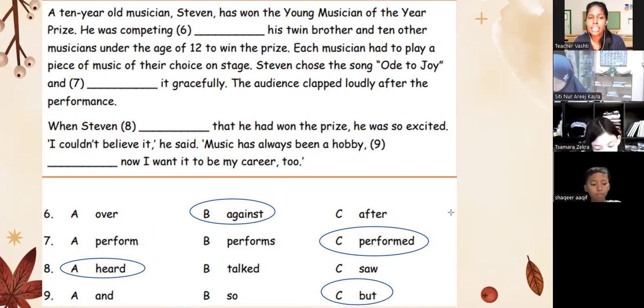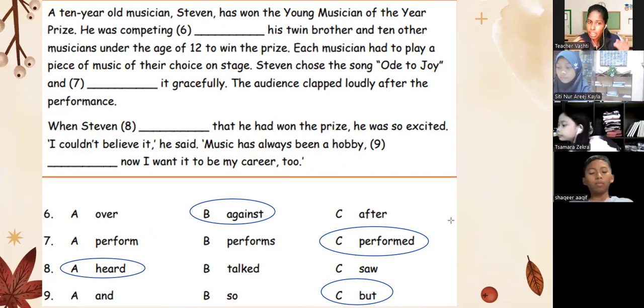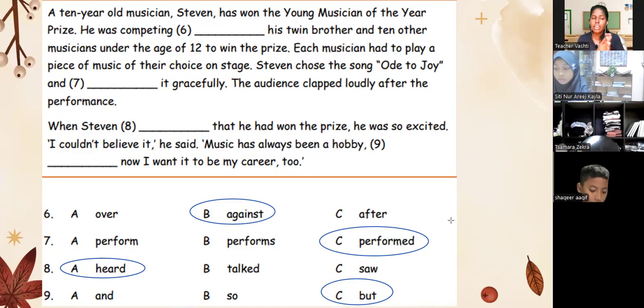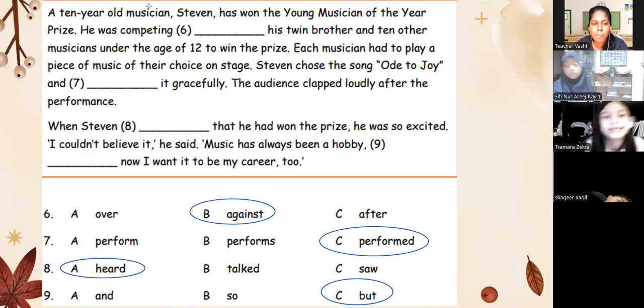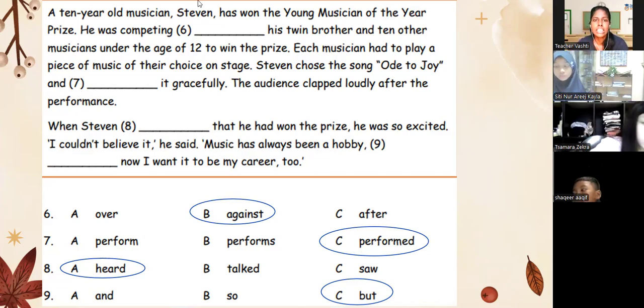Music has always been a hobby, which means dulu it was a hobby, but now he wants it to be his career. Kalau ada ayat yang positif dengan negatif, kita kena guna but. If it is the same positive sentences, then you can use and. All right. So your answer should be B, C, A, and C.